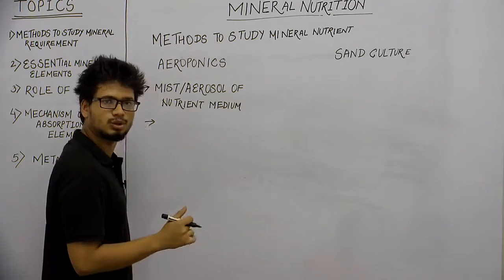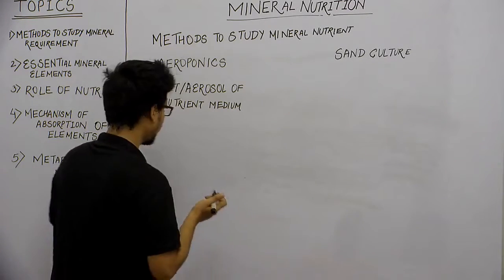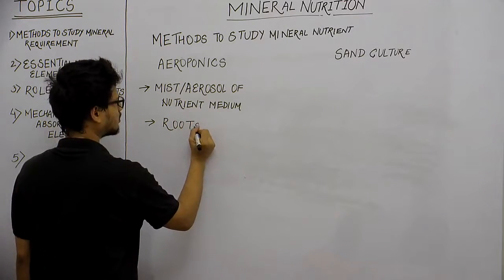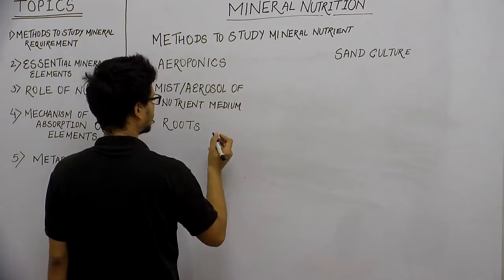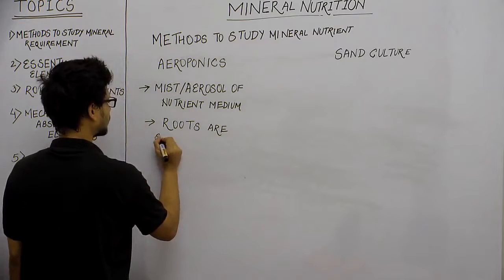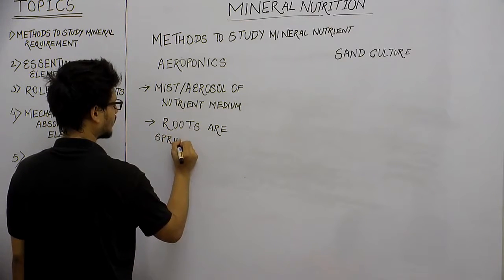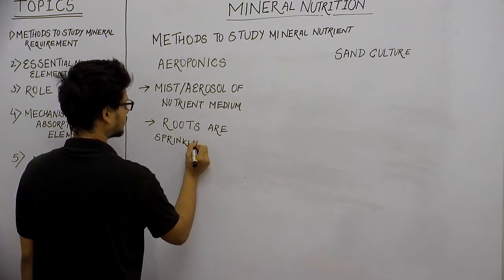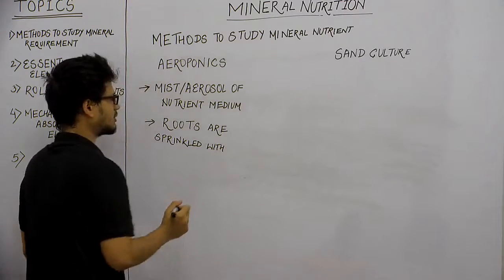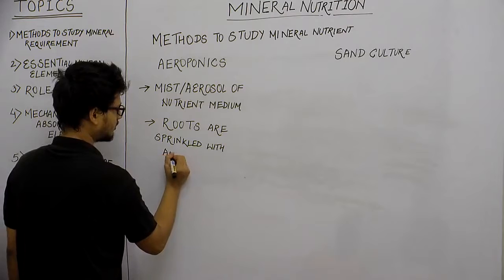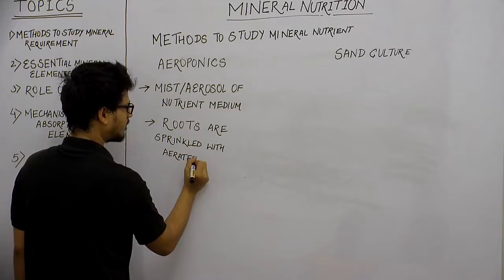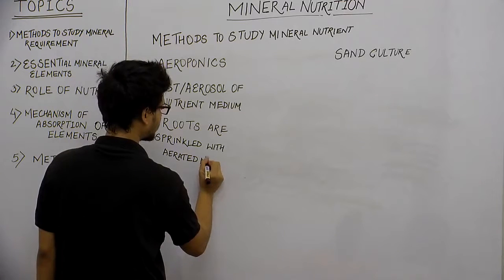It is sprayed extensively on the roots because maximum absorption happens through the roots. So the roots are sprinkled with aerated, because aeration is very important, aerated nutrient mist.